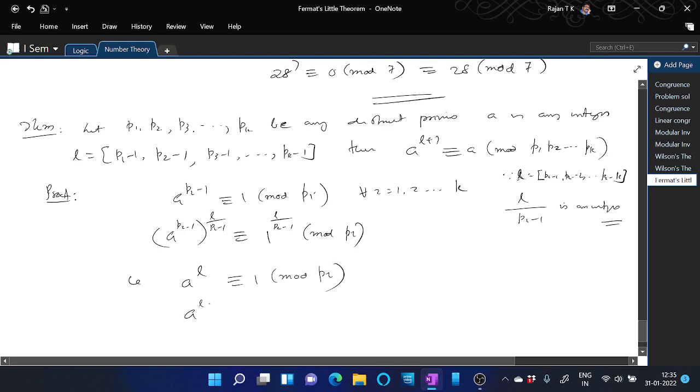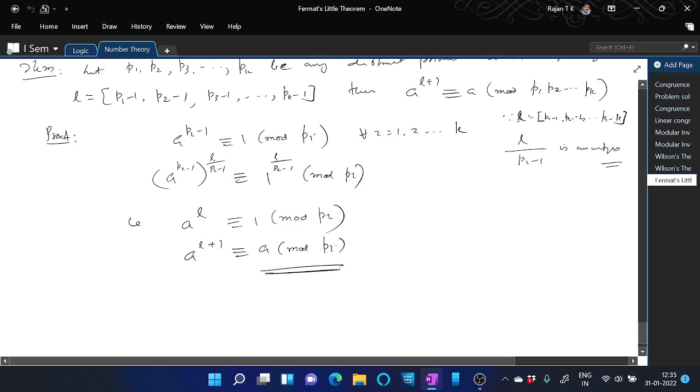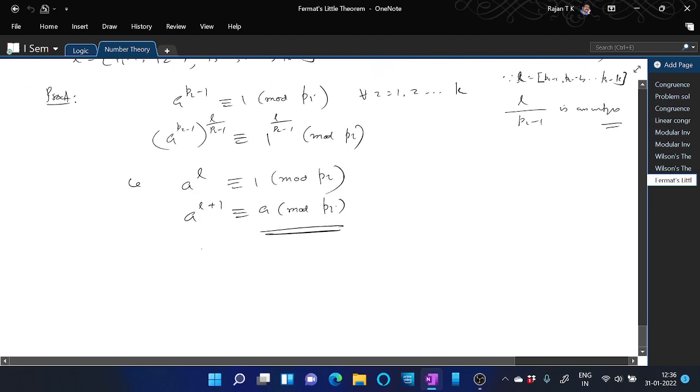Therefore, A raised to L plus 1 is congruent to A mod Pi. That is the result. As an illustration, we haven't yet proved the given result. Here A raised to L plus 1 is congruent to A mod Pi for all i equal to 1 to k.